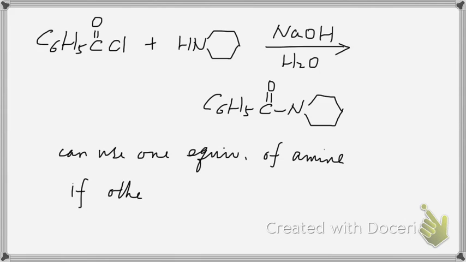Sodium hydroxide can be used to neutralize the acid byproduct. So if our amine is very expensive, is very precious, we don't want to waste any amine to form the amine salt, then we can add another base.